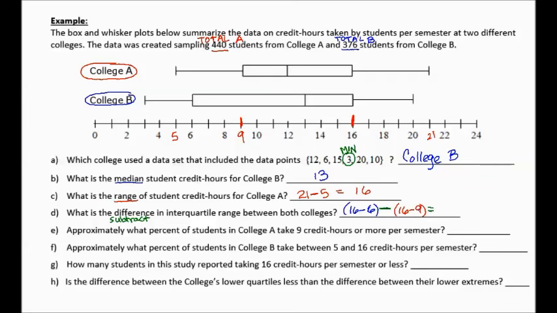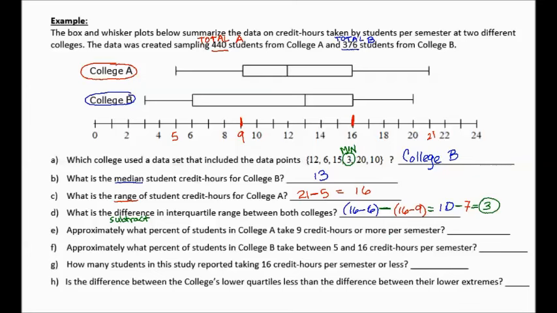If I simplify each parenthesis, I'm going to get 10 minus 7, which produces my final answer of 3. So remember, a difference in interquartile range means you need to find the interquartile range for each one and then subtract those 2 numbers.